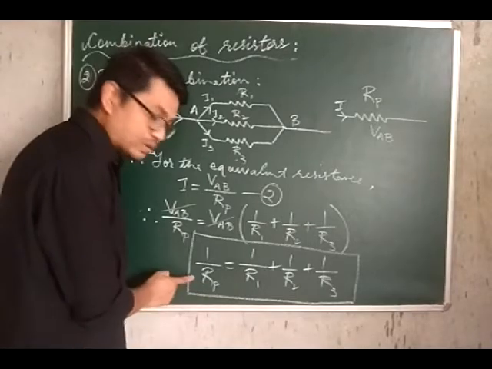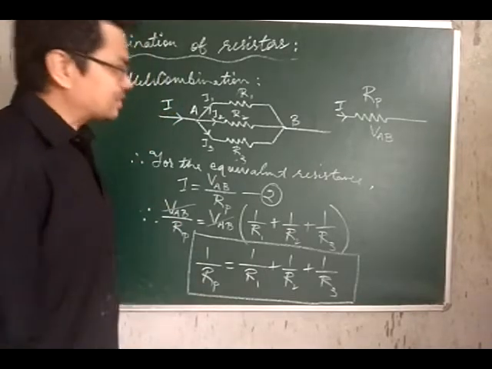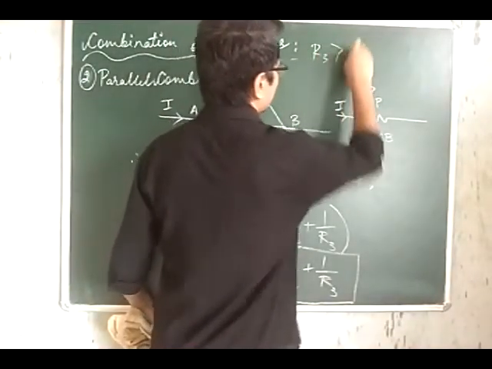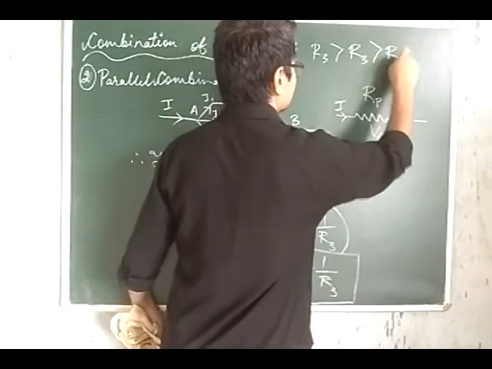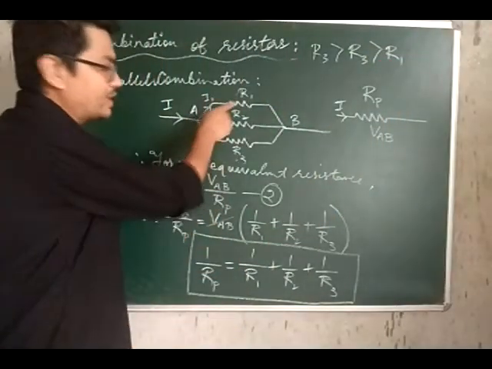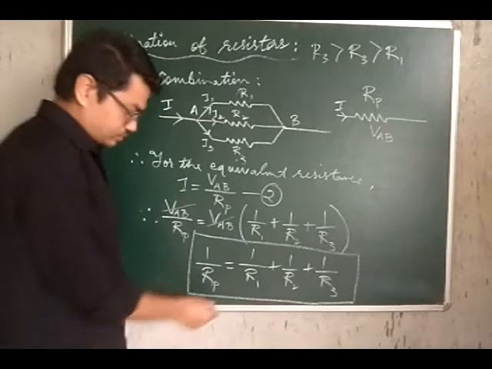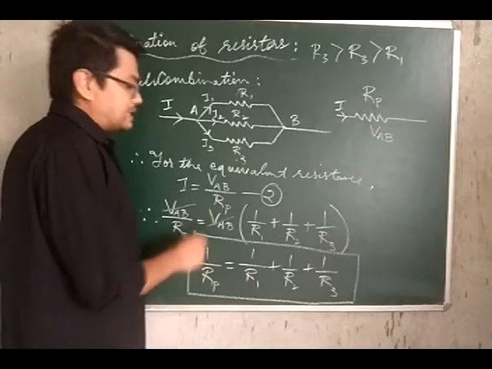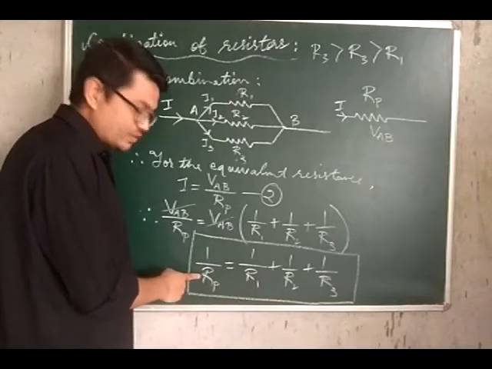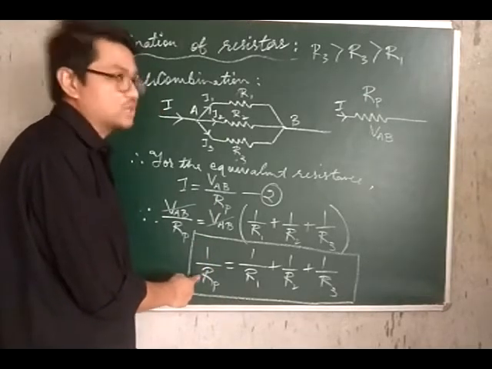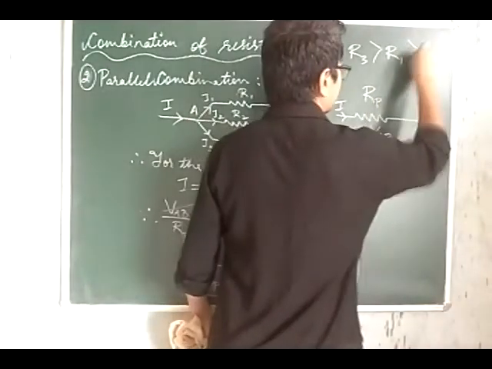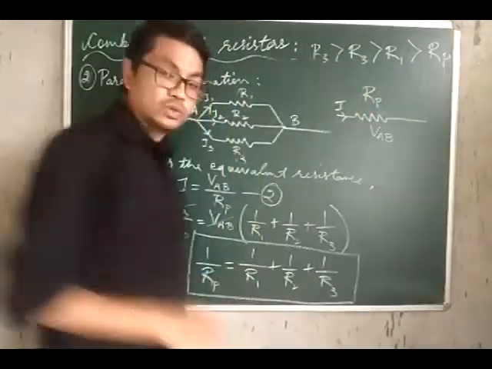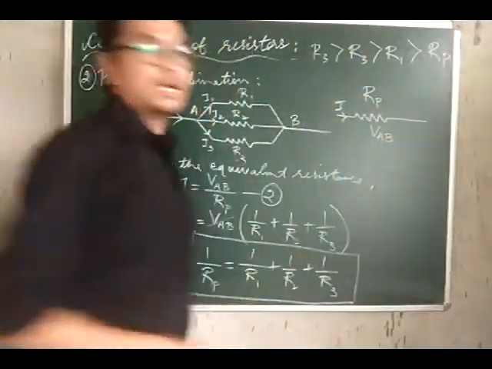Now, what can we conclude from this equation? Like in the previous case, where we considered R3 to have the greatest resistance, let us say R1 has the least value of resistance. What we learn from this equation is that the equivalent resistance in parallel combination is smaller than the least value of resistance in this combination. So to say, RP is lesser than R1.